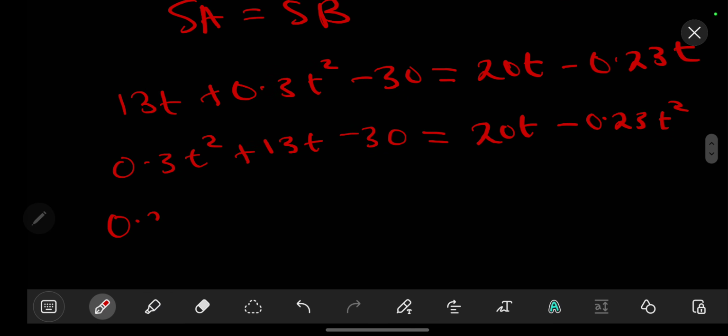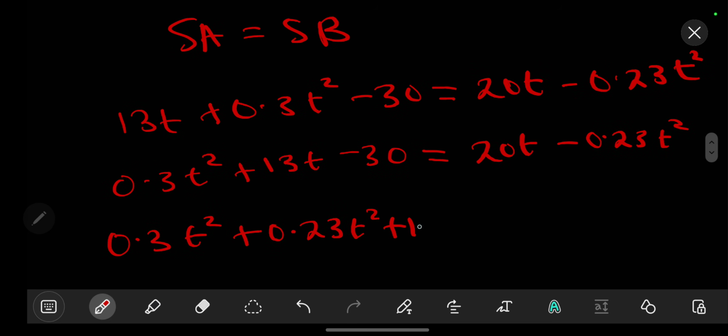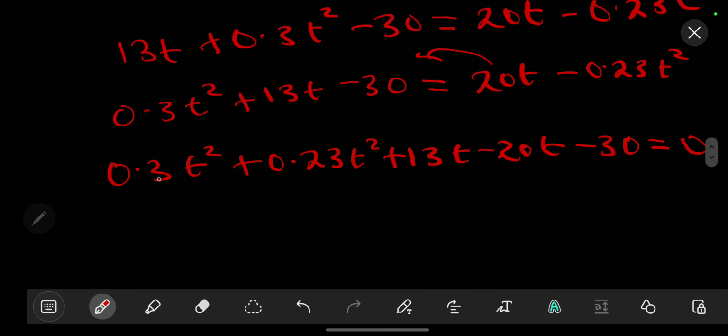It will be 0.3 t squared plus 0.23 t squared, then plus 13t. Then we take this value this side, it will be minus 20t, then minus 30, should be equal to 0. So what we are going to have is 0.3 plus 0.23, this will give us 0.53 t squared.